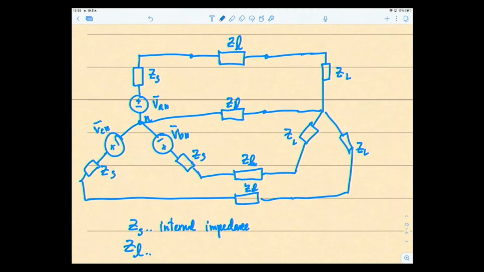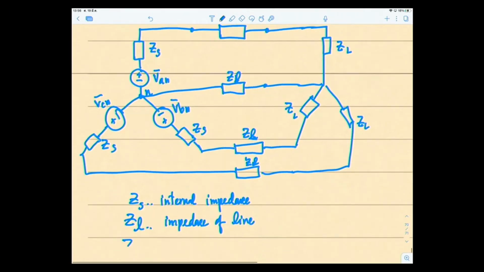So ZL is the impedance of each line, and capital ZL itself is the impedance of the load at each phase. So impedance of the load on each phase.